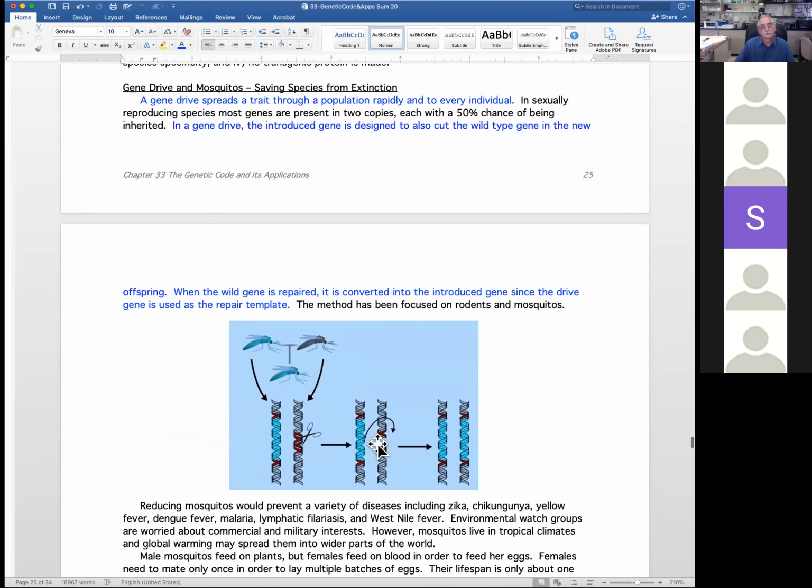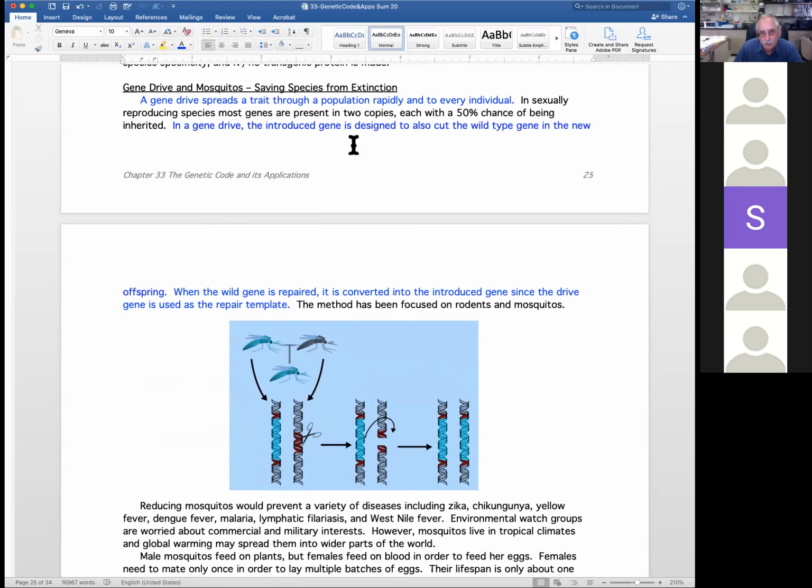So here's another example of genetic engineering, a gene drive. What a gene drive does is it spreads a trait through a population rapidly and to every individual. So you genetically modify a mosquito.